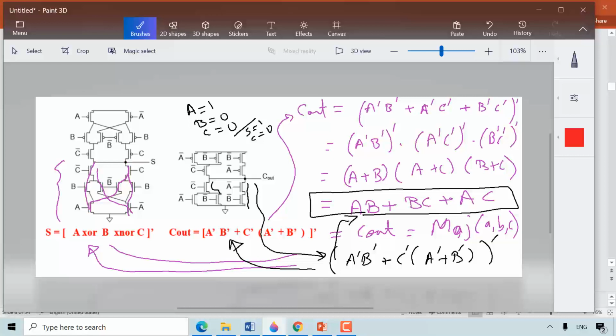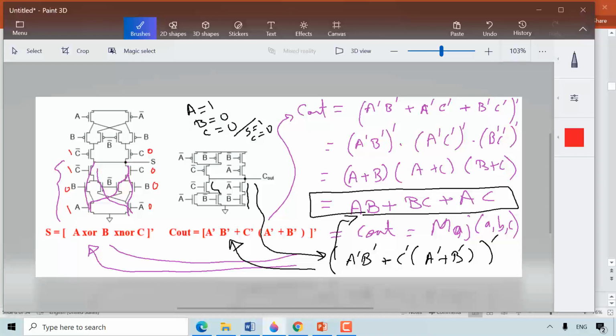The C here is 1 and the B here is 0. The A here is 1. The A here is 0. The B here is 0, and the C is 0. The C here is C prime equal to 1, and C here is 0.